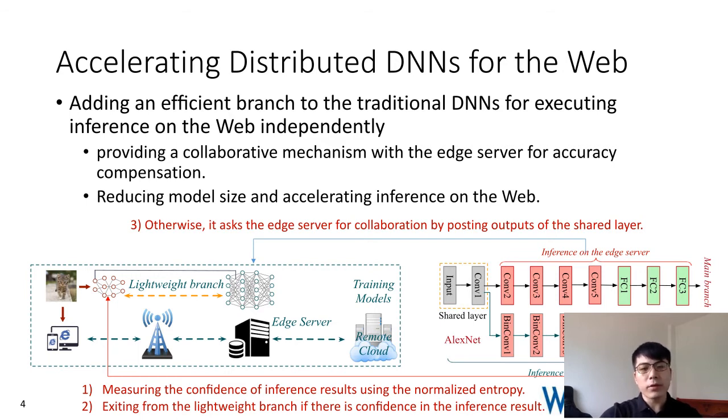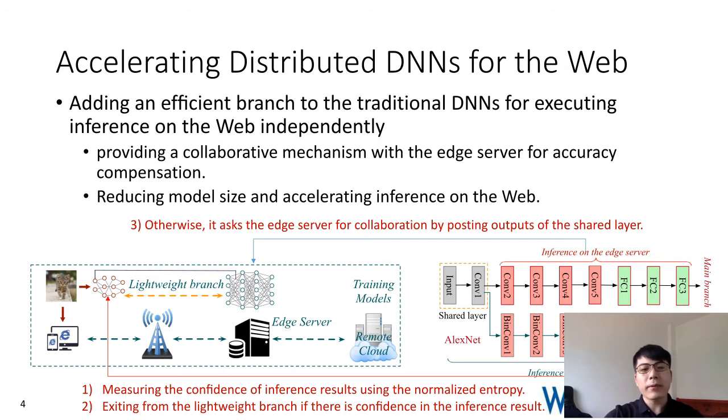For a given sample, if the binary branch is confident in its prediction and satisfies the user, the sample can exit from the binary branch directly. Otherwise, it has to transfer the output of the first convolutional layer to the edge server for a precise result. To measure the confidence of inference results, we can use the normalized entropy, which is commonly employed in collaborative DNNs.